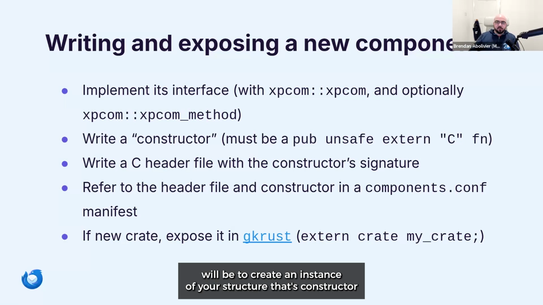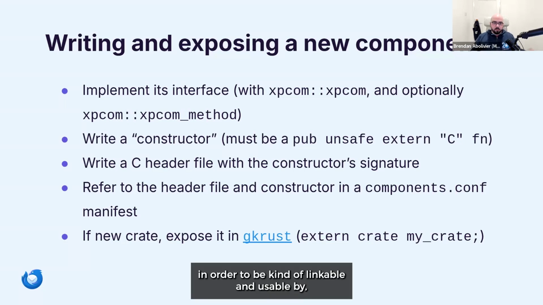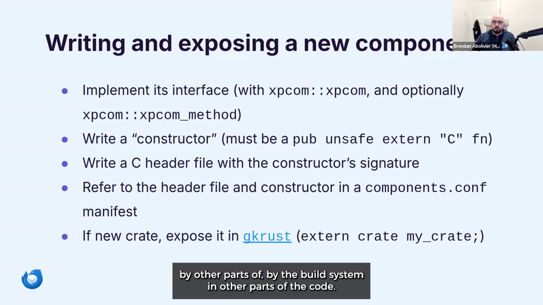That constructor needs to be an unsafe extern "C" function, because the next step is to expose the symbol for that function within a C header file in order to be linkable and usable by the build system and other parts of the code.